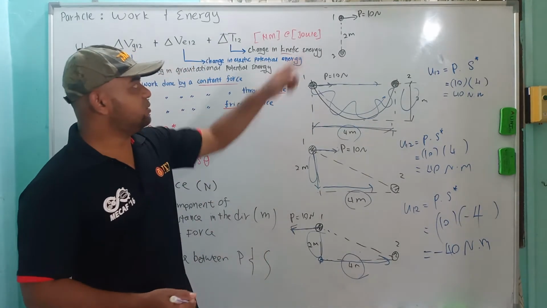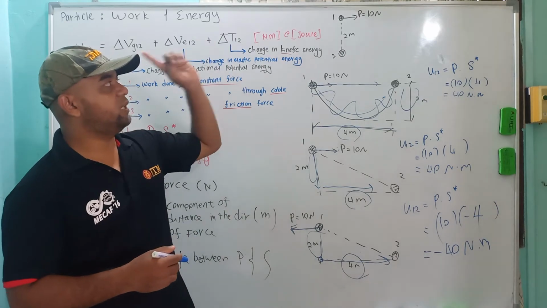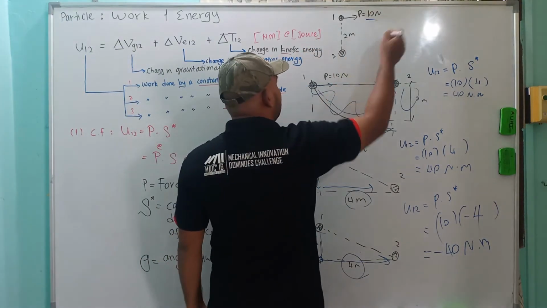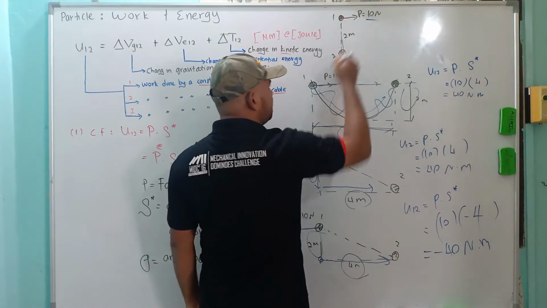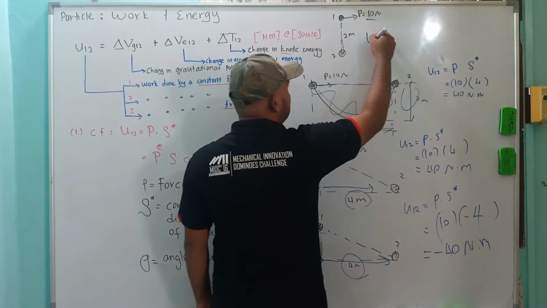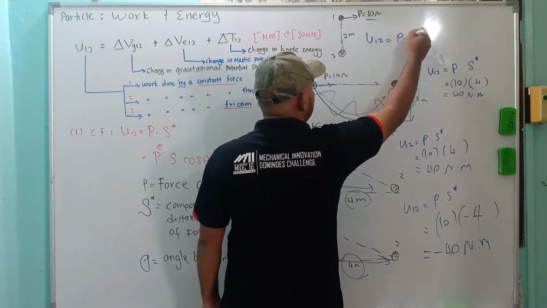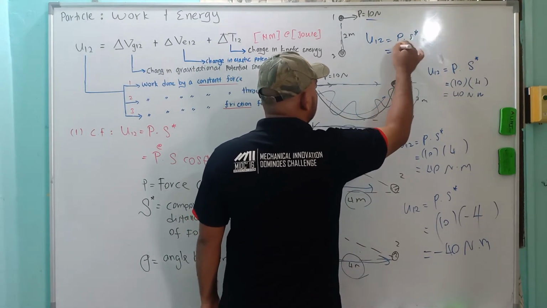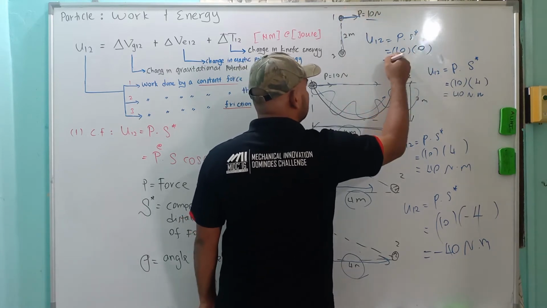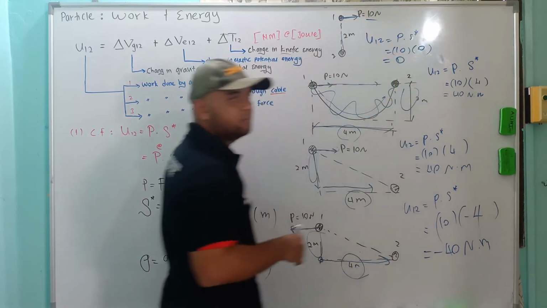The last one here, we pull to the right with 10 Newton, but it moved downward, not moving in any other direction. So U12 equal to P S equal to 10 times the distance in this direction, which is 0, so equal to 0.